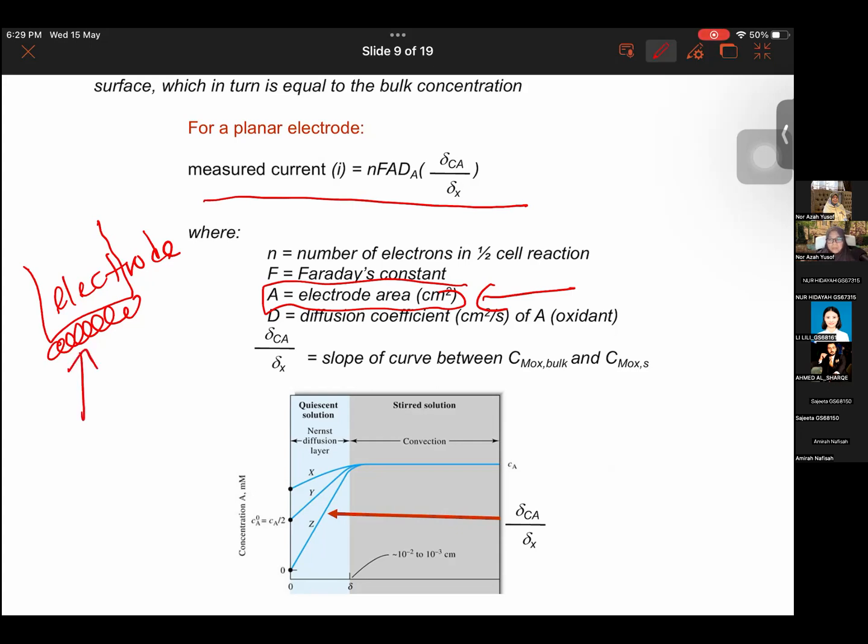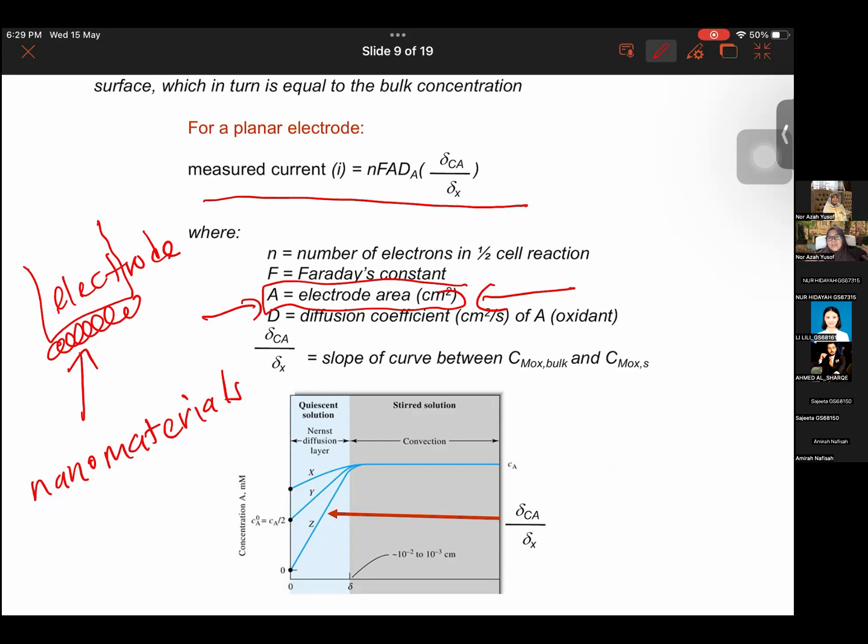Apart from using conducting polymer, you can use nanomaterials. That's why if you read journals, you will find a lot of nanomaterials being used to modify the electrode in order to get higher current. Usually how it functions is the nanomaterial will provide greater electrode area.